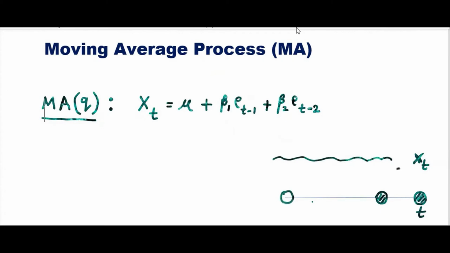Because we are here already, we know the values of the process, so we know these values, X1 to X(t minus 1). The average of the process you take anyway, then plus extra, you give a weight to e(t minus 1).